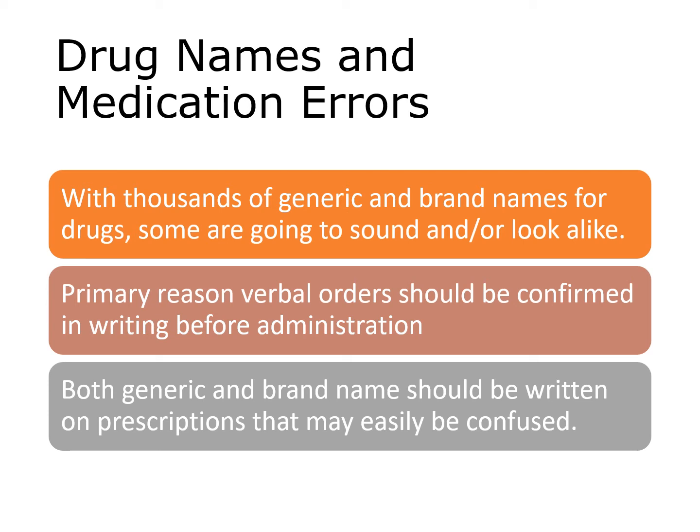And I think just recognizing the fact that with thousands and thousands of medications out there, trying as much as possible to use the generic name and learn the generic name, and then maybe know in brackets a brand name, but it's really the generic name that's most important to know.